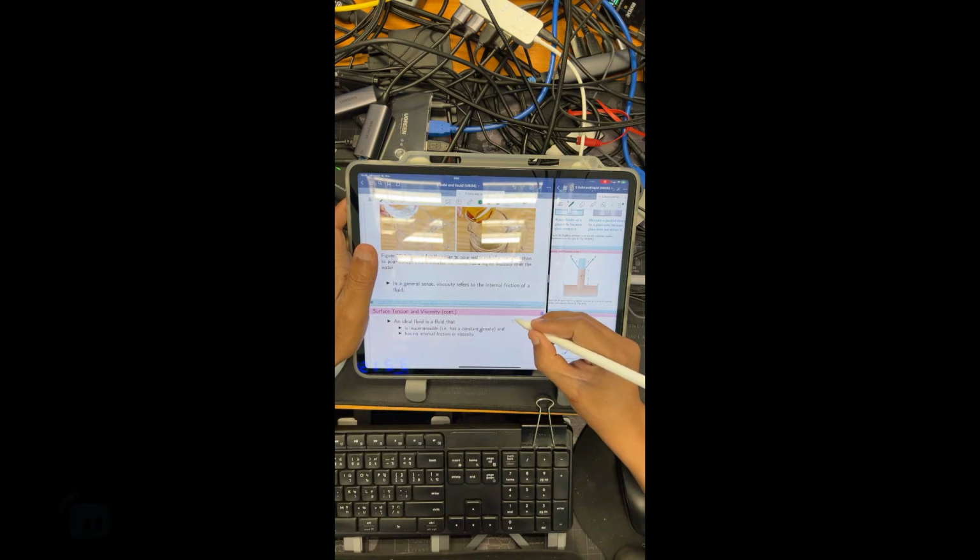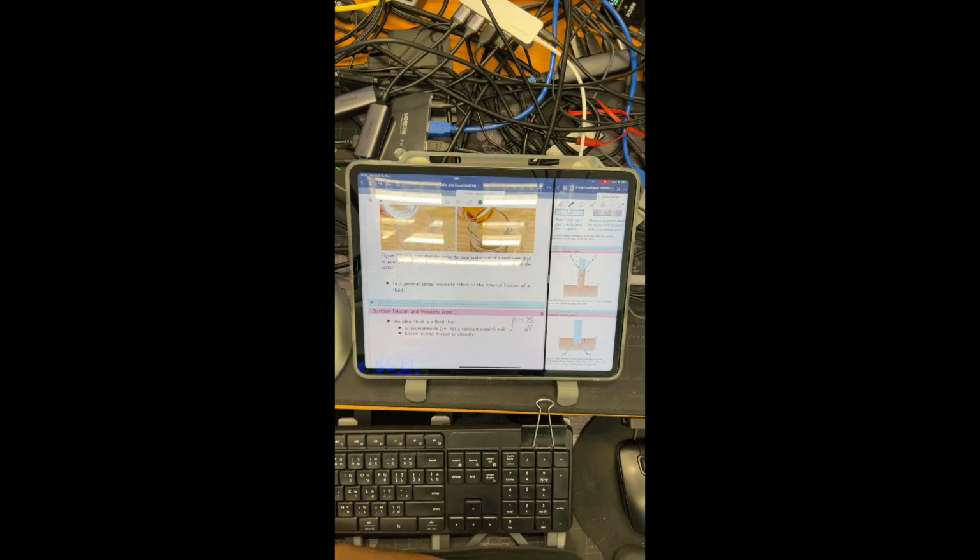An ideal fluid is a fluid that is incompressible. Let's say the volume doesn't change. The volume of that fluid doesn't change. It is incompressible and has a constant density, because the mass is the same when the volume is the same. Rho is m by v, right? When they say incompressible, it means v is fixed. The volume doesn't change with any pressure.